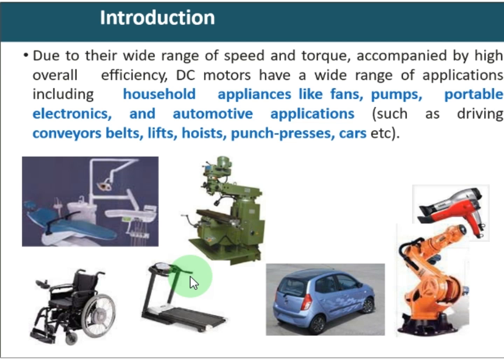And also the applications where you need very high torques, like conveyor belts, lifts, hoists, punch presses, they are using DC motors due to the wide range of torques and speeds available with DC motors.